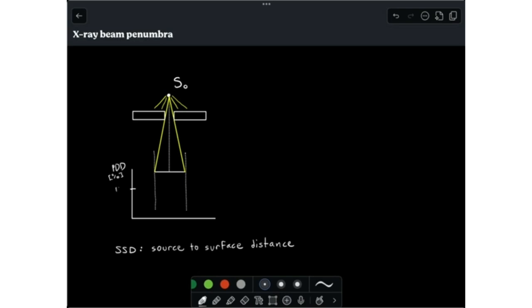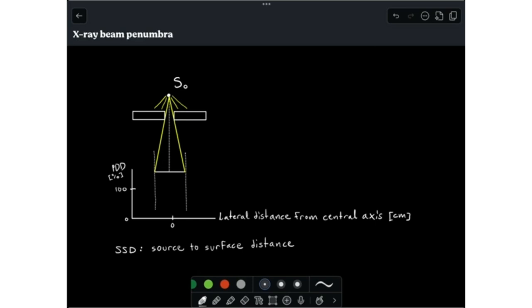And that maximum dose 100% mark is up here, 0 down here. And this horizontal axis is the lateral distance from the central axis in centimeters.